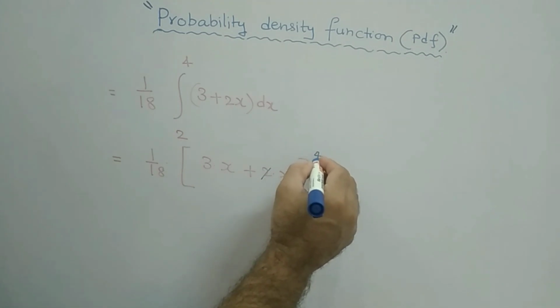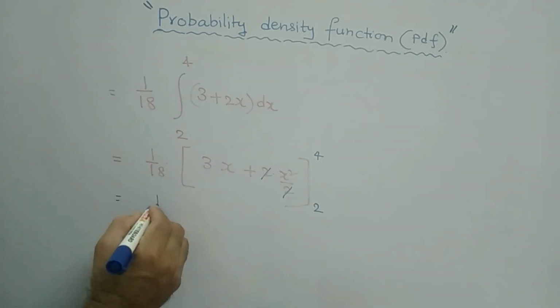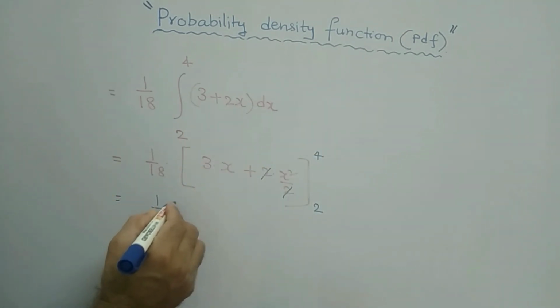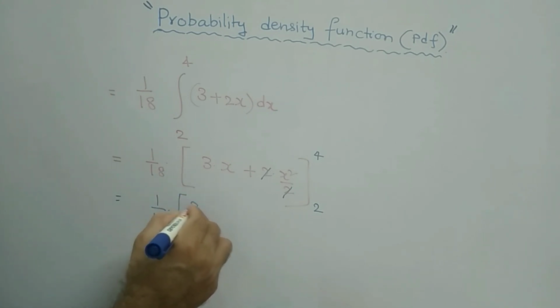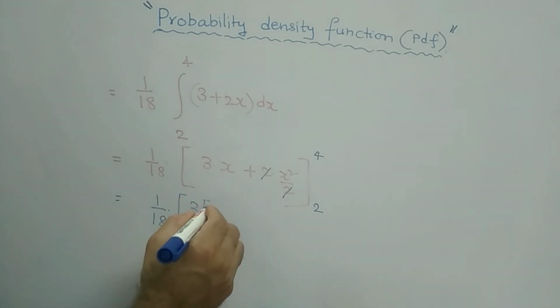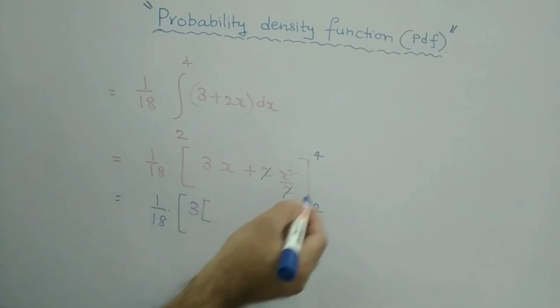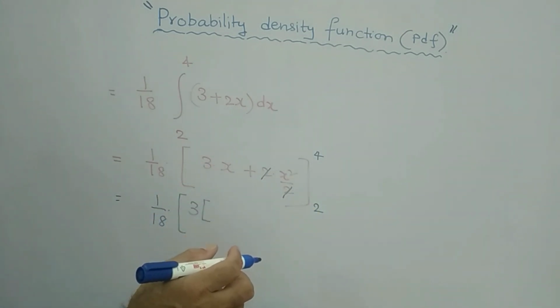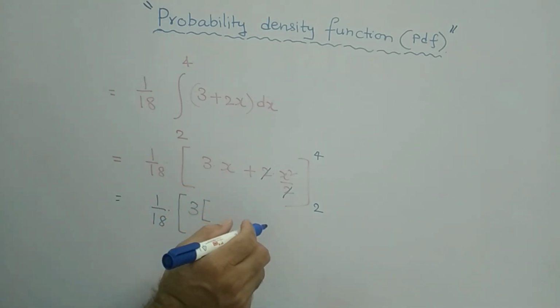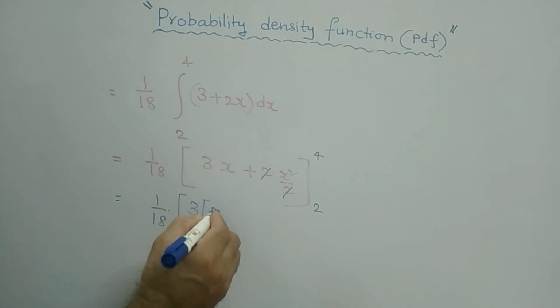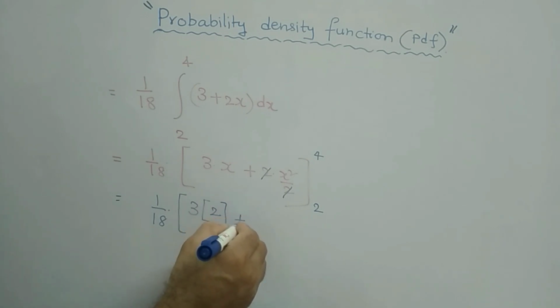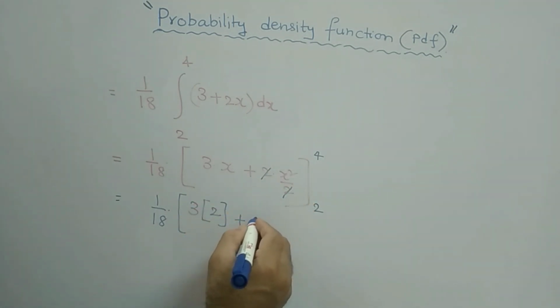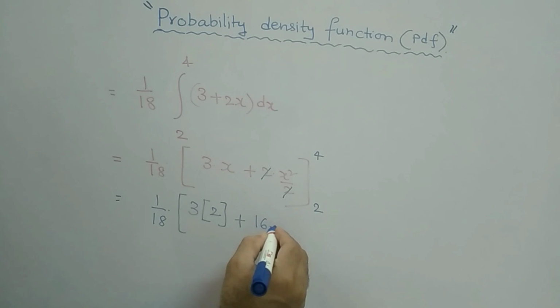The limits are 2 to 4, and this is equal to 1 by 18 times 3 into (4 minus 2), upper limit minus lower limit basically, clear? 4 minus 2 is 2, and then plus x square, so 16 minus 4, clear?